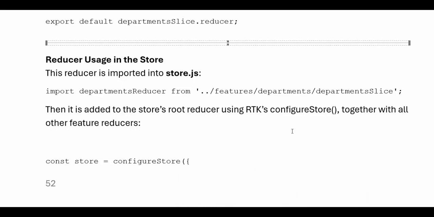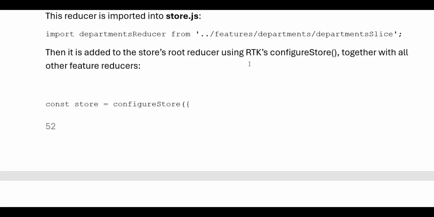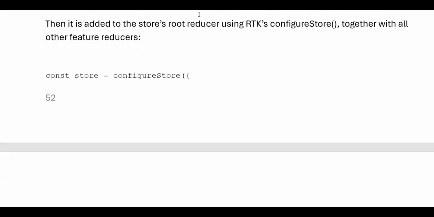We can name it how we want, but departmentsReducer is understandable to us in the future. Then it is added to the store's root reducer using RTK, Redux Toolkit's configureStore, together with all other feature reducers.